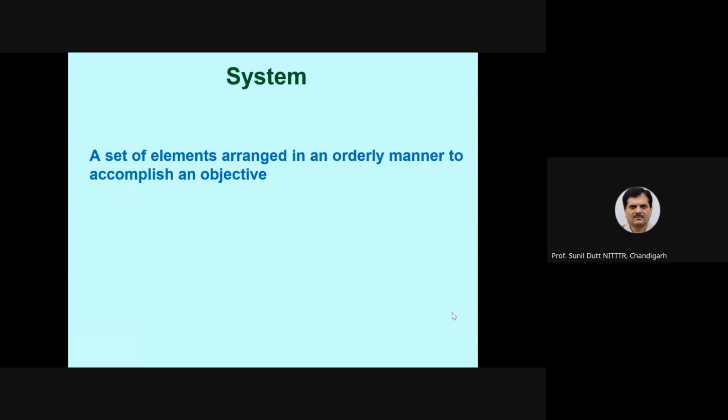These component parts or elements of the system are intimately linked with one another, either directly or indirectly, and any change in one or more elements may affect the overall performance of the system either beneficially or adversely.